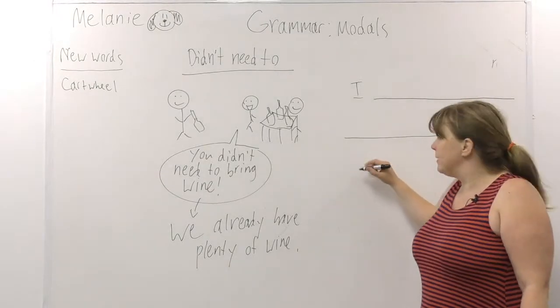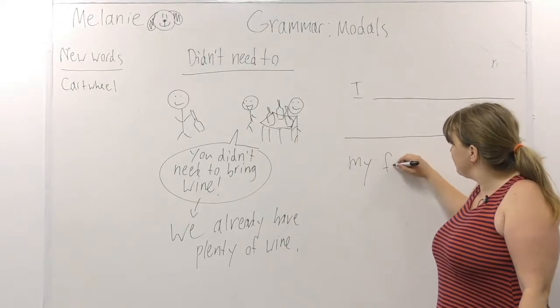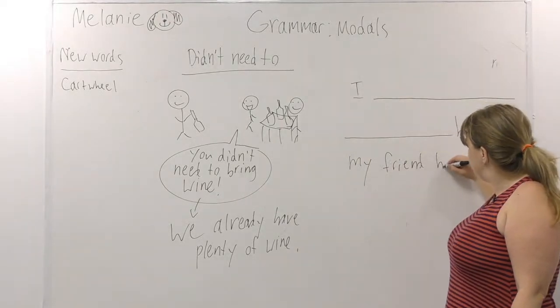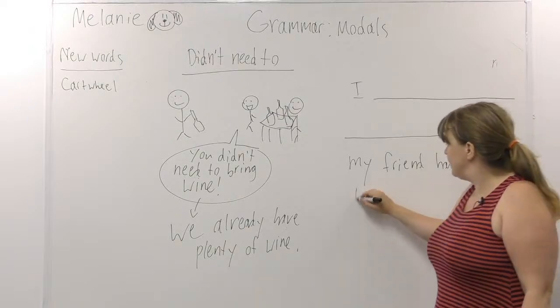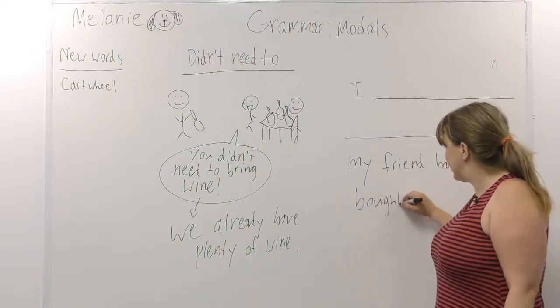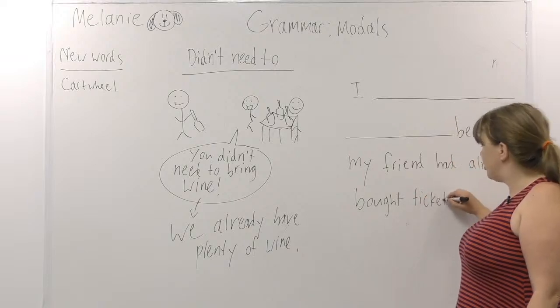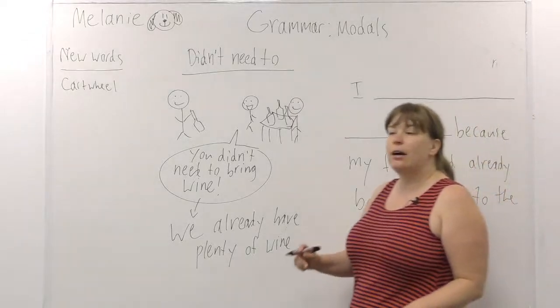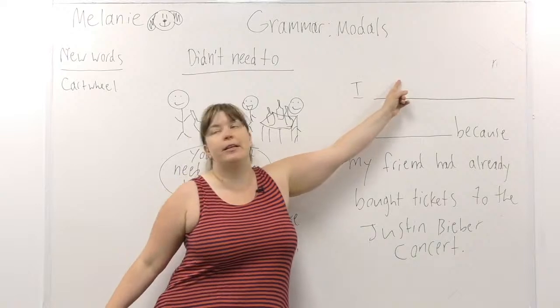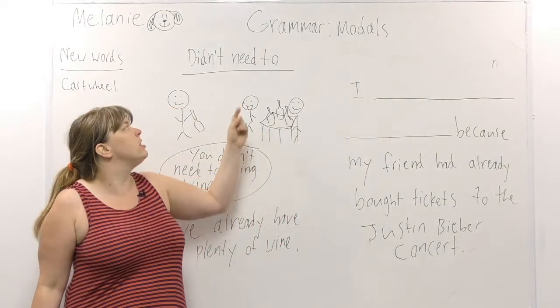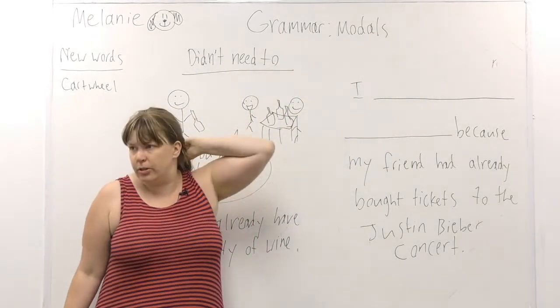Okay, let's see. So maybe because my friend had already bought tickets to here. Okay, so I would like you guys to try and fill out this sentence using didn't need to.